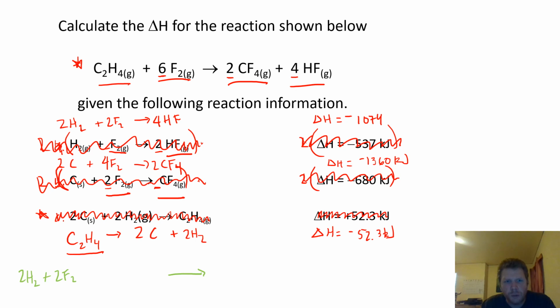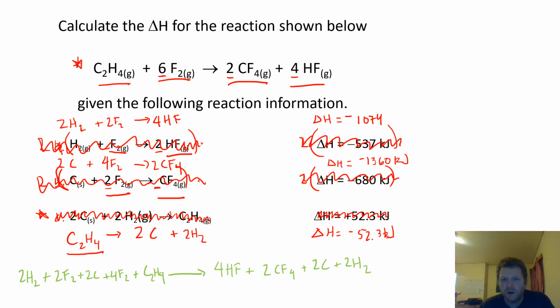From reaction B, I've got plus 2C plus 4F2. And from my final reaction C, I've got C2H4. Okay, now my products. From reaction A, I've got 4HF, plus 2CF4, plus 2C plus 2H2.